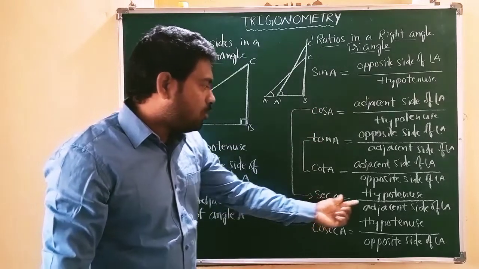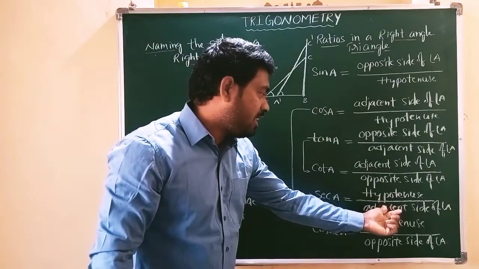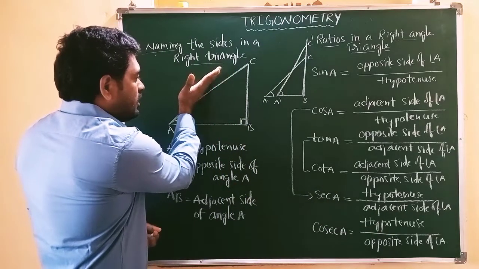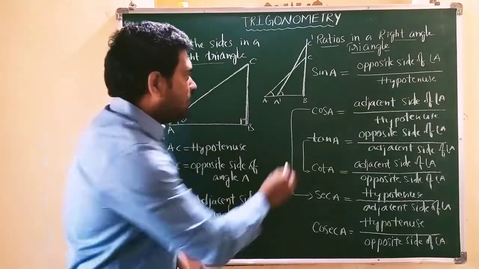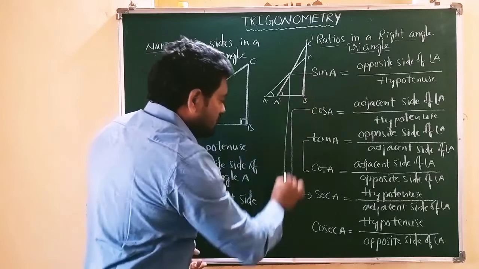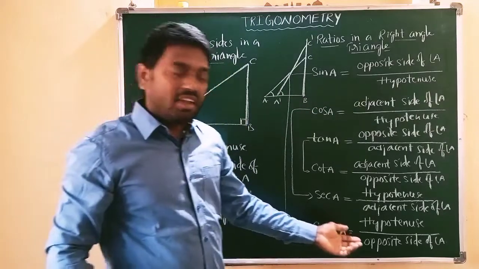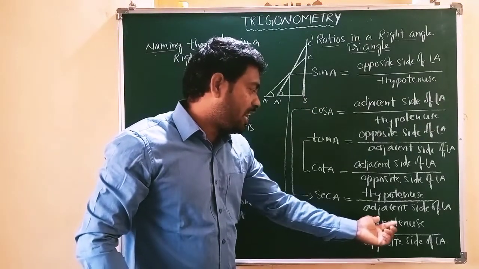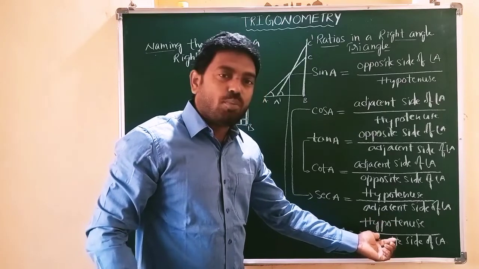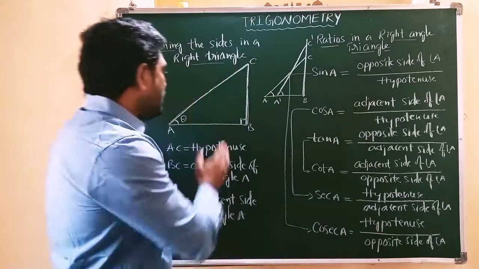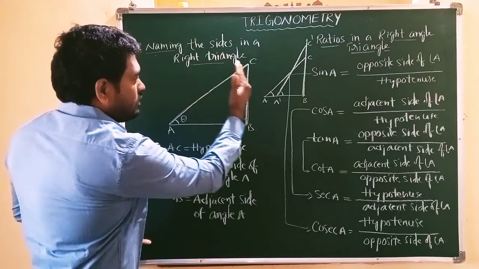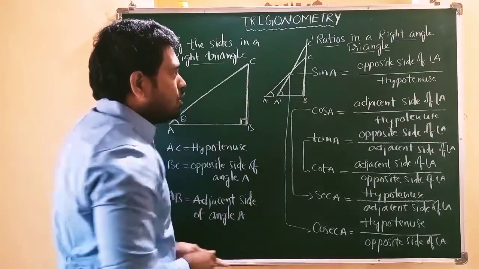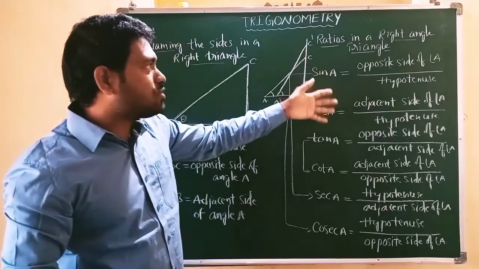Sec A is hypotenuse by adjacent side. And finally, the inverse of the sine ratio, cosecant A, is hypotenuse by opposite side of angle A. So these are all the ratios of an angle.